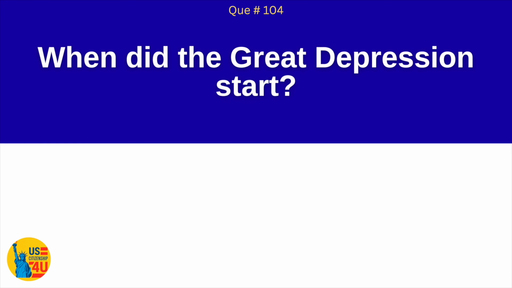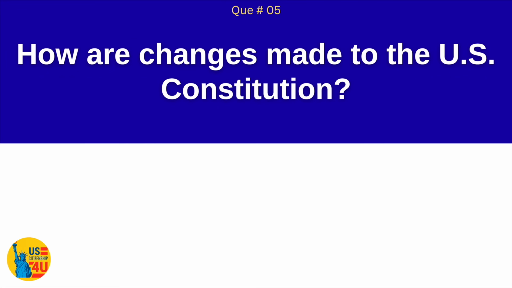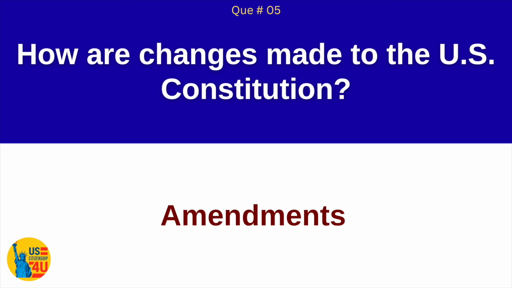When did the Great Depression start? The Great Crash, 1929. How are changes made to the U.S. Constitution? Amendments.